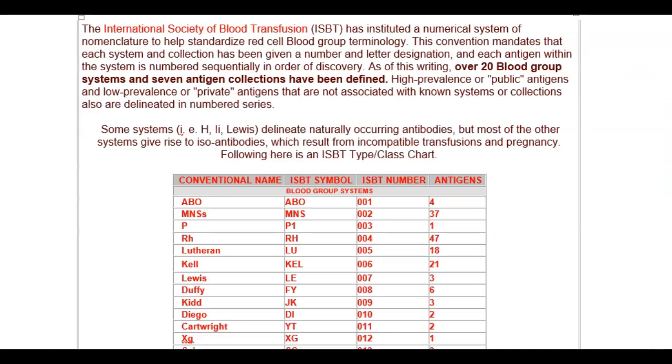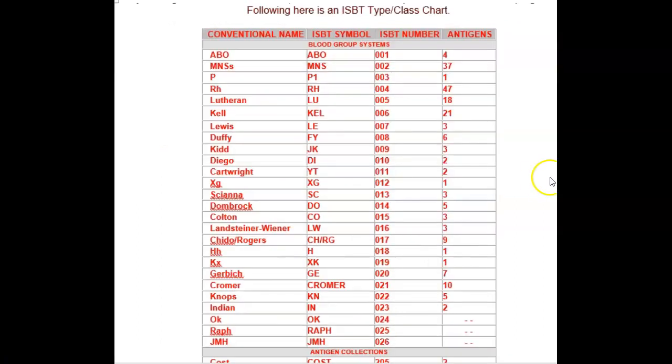Having gone over the multiple alleles for the blood, notice here, actually blood types are a lot more complex than we thought. Over 20 blood group systems and 7 antigen collections have been defined. So look at this. It's a lot more than we thought. Here's just the ABO here.